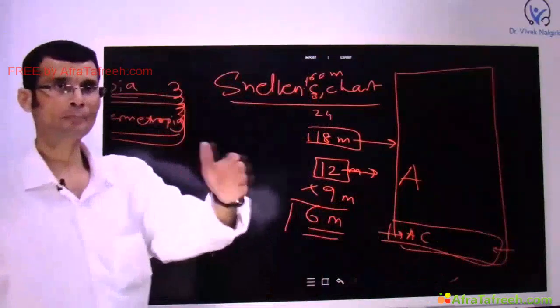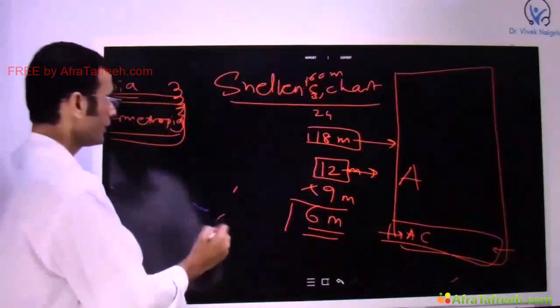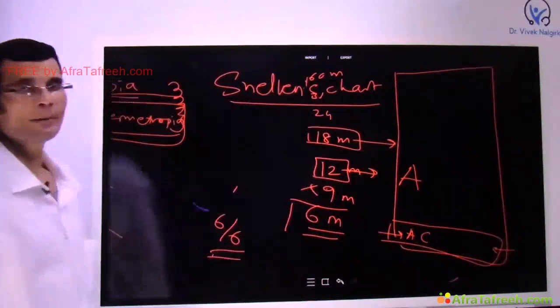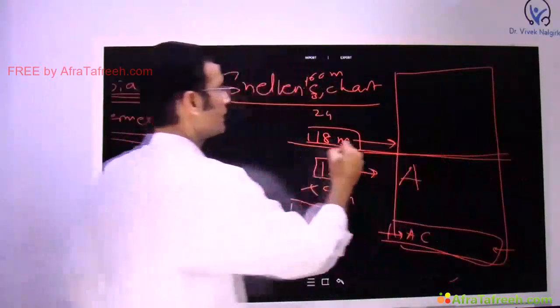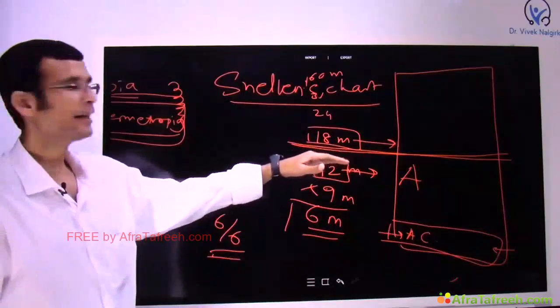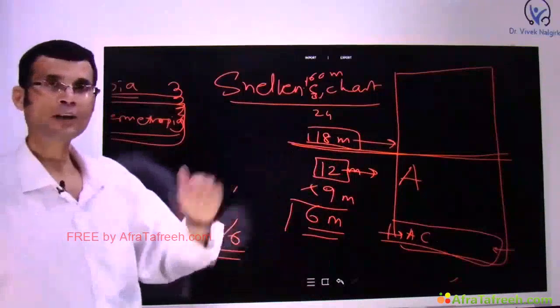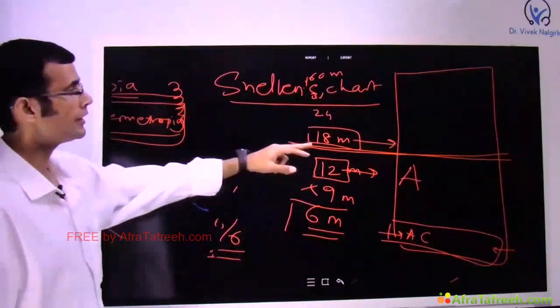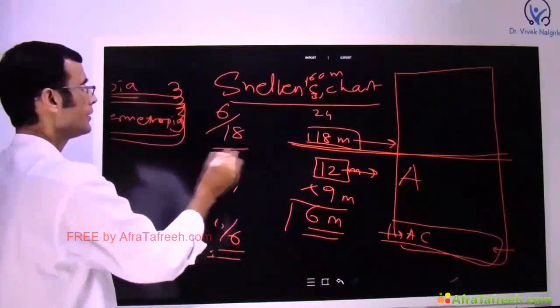So if the patient who is reading it is also reading it from 6 meters, you write the vision as 6 by 6. Now listen to this. If the subject is reading only up to the 18-meter line and nothing beyond, nothing below that, then you write his or her vision as 6 by 18.